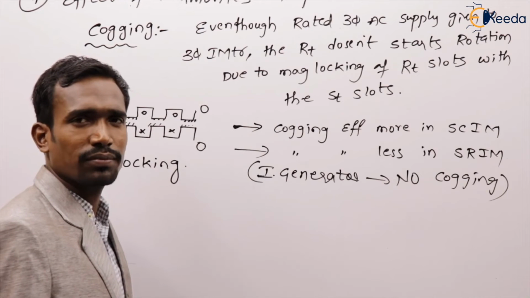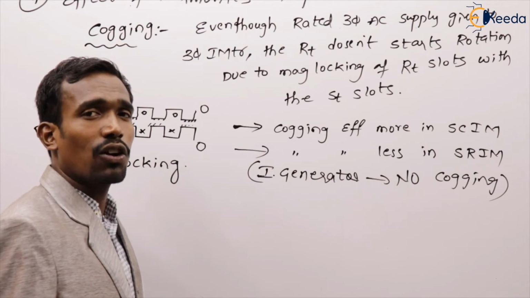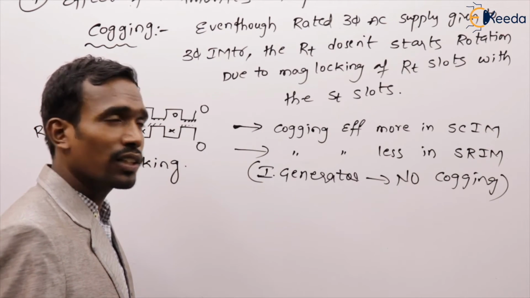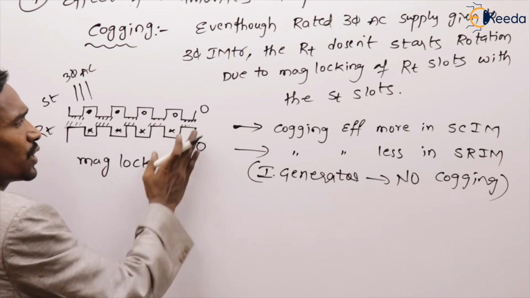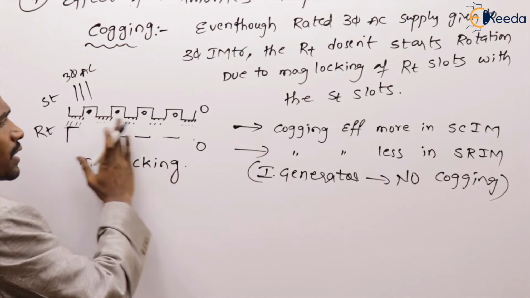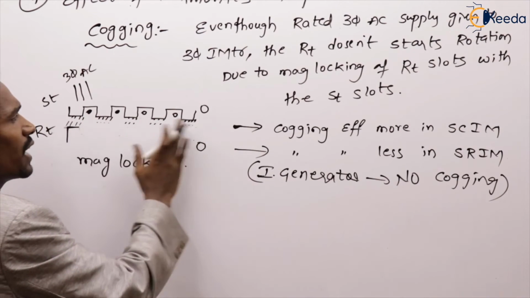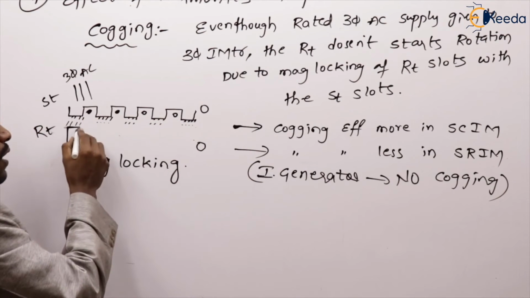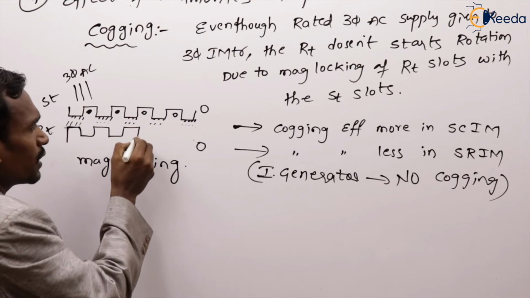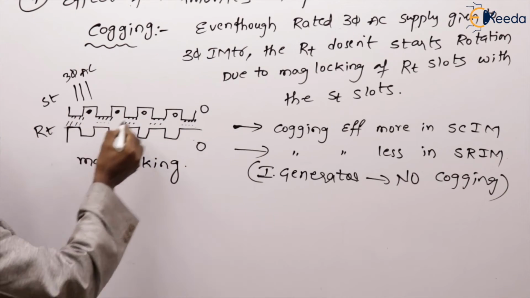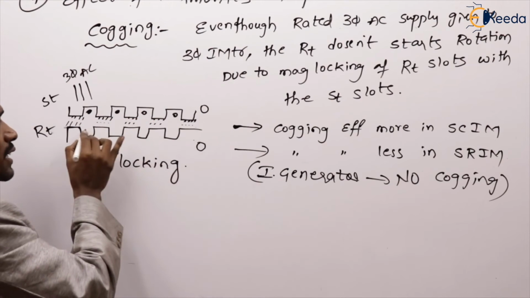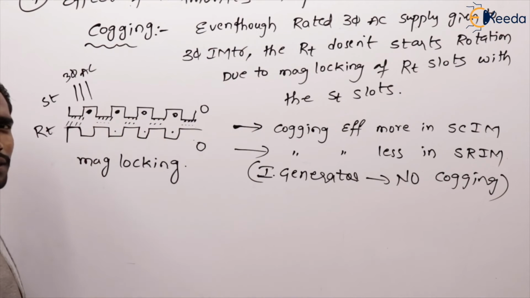Okay, cogging came. How can we avoid the cogging? To avoid the cogging, the number of slots we have to change. Up to now, the stator number of slots is equal to the rotor number of slots.